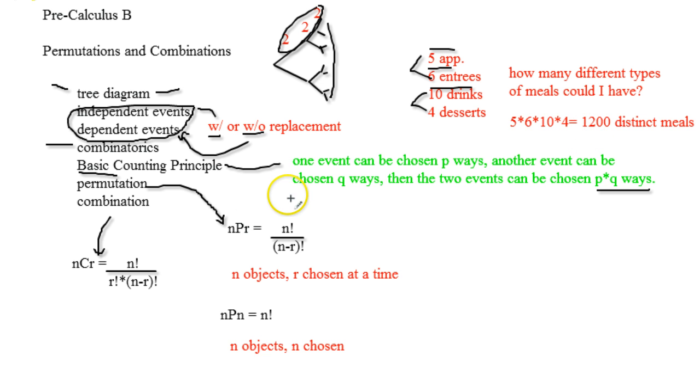That's why the fundamental counting principle came into play, because no one wanted to actually write out that tree diagram. That's ridiculous. I think one time I had a class where we calculated the difference between Port of Subs, which is a West Coast chain of submarine sandwiches, and Subway.